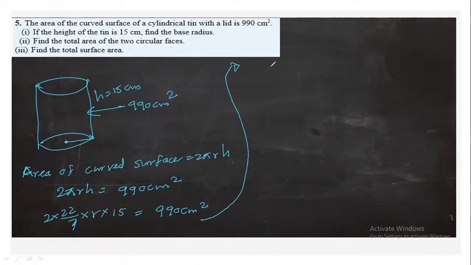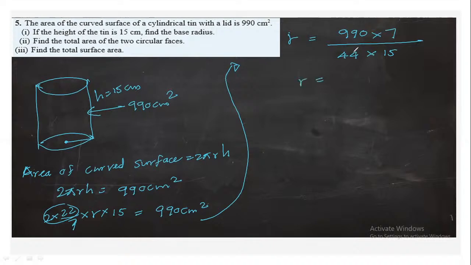Now you can cancel a little bit here. Radius equals 990 divided by 2 times 22, 44 into 15. This 2 is going below the line, 7 going over the line. Then you can simplify.